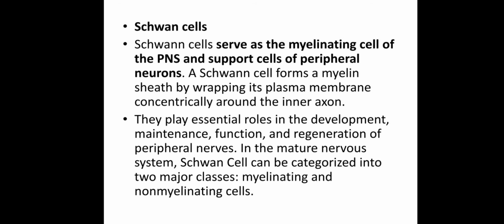Next are the neuroglial cells of the peripheral nervous system, in which number one is Schwann cells. Schwann cells serve as the myelinating cells of the peripheral nervous system and support cells of peripheral neurons. A Schwann cell forms a myelin sheath by wrapping its plasma membrane concentrically around the axon.